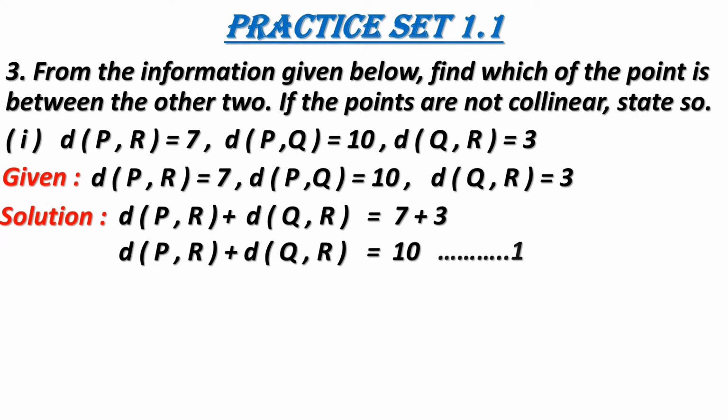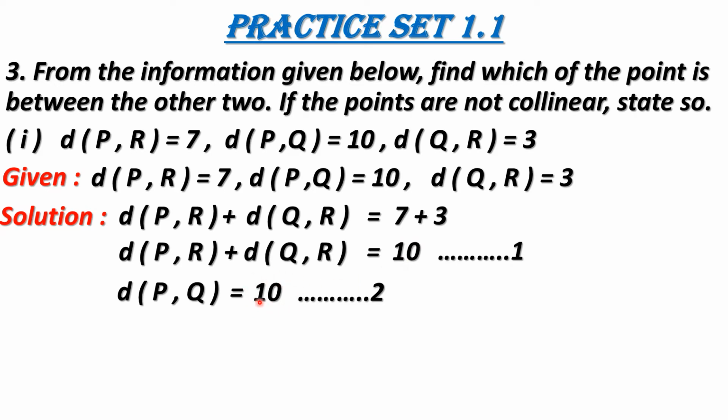We'll consider this as equation number 1. Now here the remaining distance, that is PQ, is 10. We'll take this as equation number 2. Now look at equation 1 and 2. Equation 1 is over here and equation number 2 is over here. The right hand side of equation number 1 is 10 and the right hand side of equation 2 is also 10.